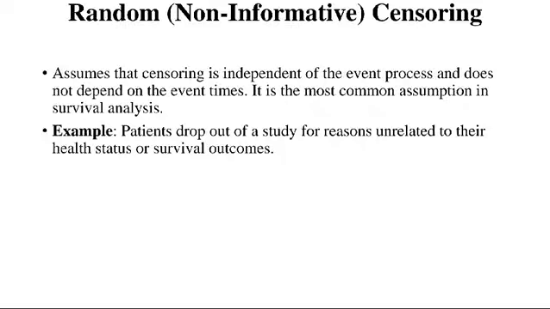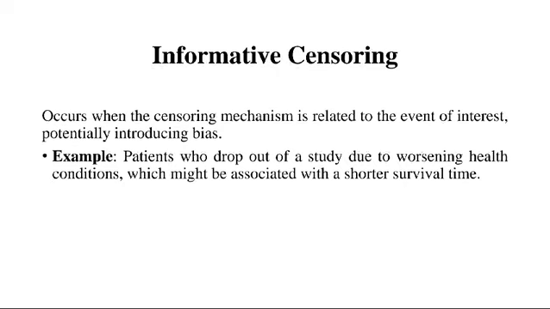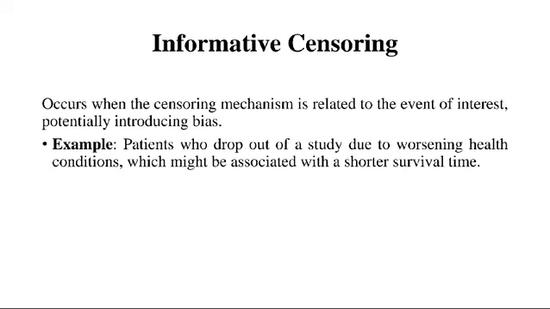The next is informative censoring. Here, as I have said already, when the reason for leaving the study is known, we say it is informative, but when we leave the study without any reason, we say it is non-informative censoring.